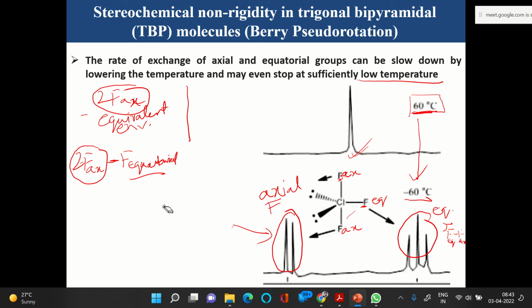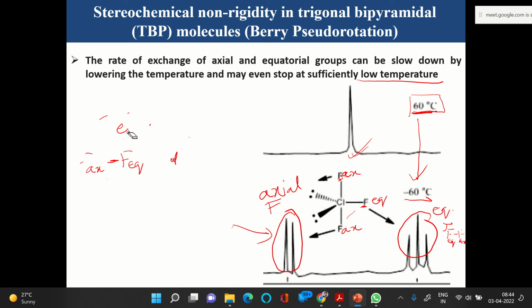In the case of ClF3, at normal temperatures you will get a singlet, and if you reduce the temperature sufficiently, then the Berry pseudo-rotation will stop at some point, and you will see the effect of different environments of the fluorine nucleus because of the different bonding situations and different bond lengths, right?